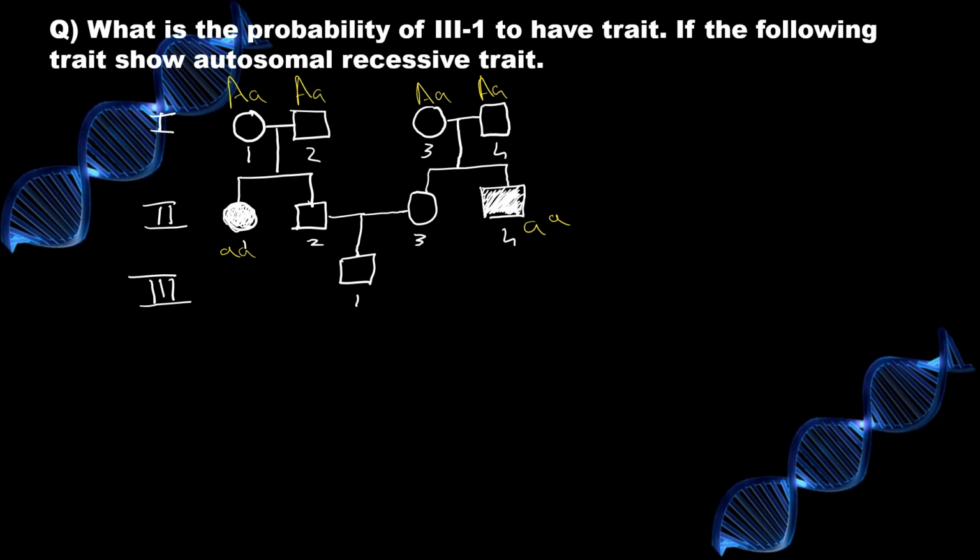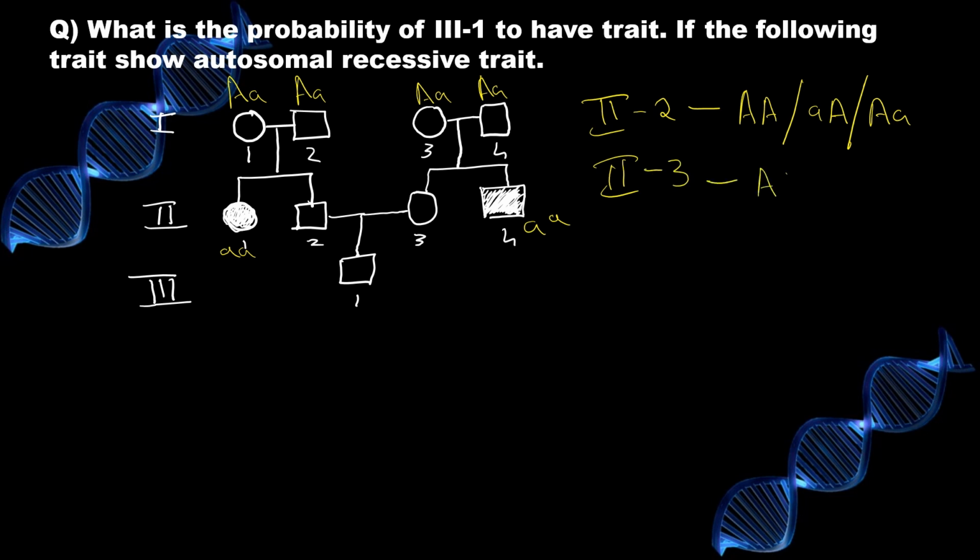Now we need to know the second generation, second one. What are the possibilities? It can be capital A capital A, or capital A small a, because it cannot be small a small a, as it is not affected. What is the probability for the second generation third one? All the probabilities are the same: capital A capital A, capital A small a.